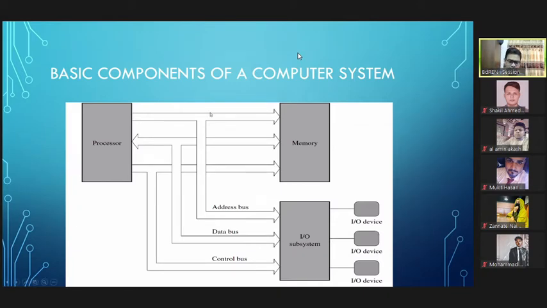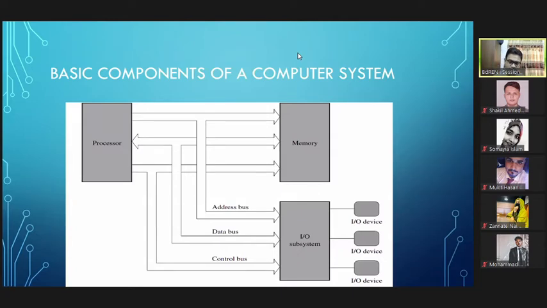Remember, combined, these three are called the system bus. The system bus is not a separate type of bus. It's actually the combination of these three buses: address bus, data bus, and control bus. The address bus transfers the address of a location, whether a processor location, memory location, or input-output location. Just the address of the location, nothing else.